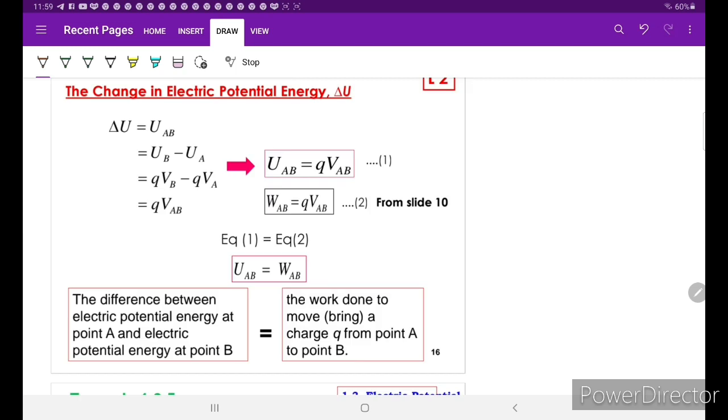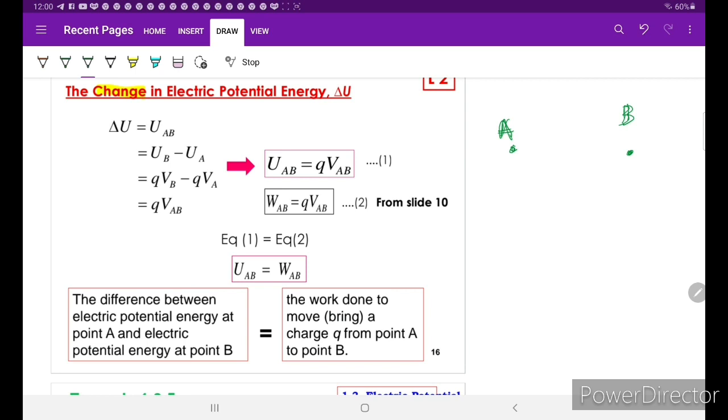Now, after we understand how to find the electric potential energy, we can discuss the change in electric potential energy. Let's say we have 2 points, point A and point B. Both points have their own energy.